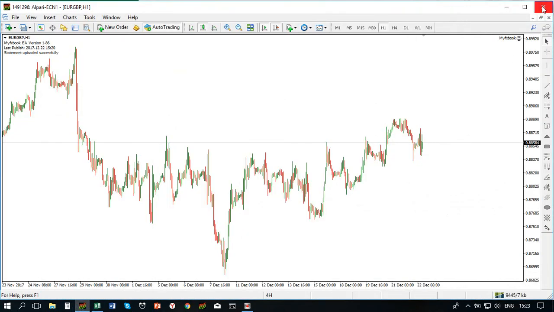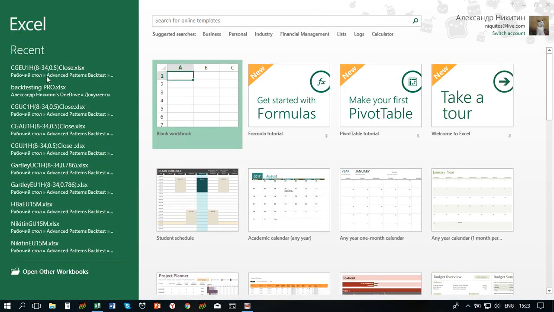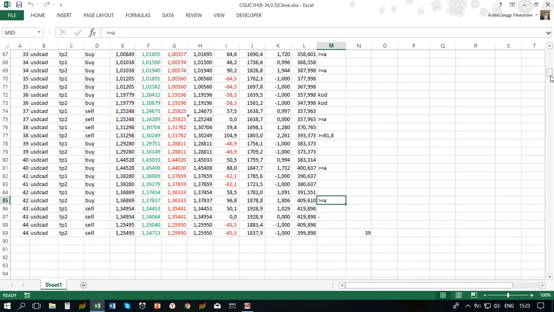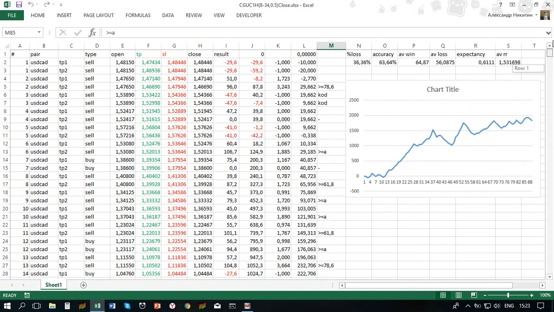Let me close the MetaTrader. Okay, euro-dollar 1 hour. What is dollar Canadian? Here's the dollar Canadian. This is 1 hour. I remember dollar Canadian is 1 hour, it's not 30 minutes. It was the first one that I've been backtesting, and the accuracy of that is 63%, much higher than that.